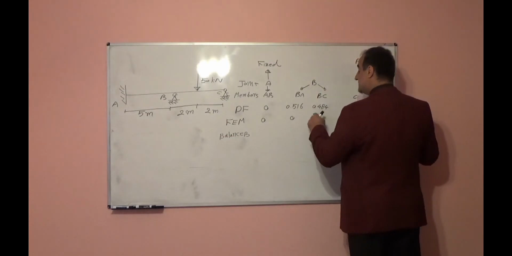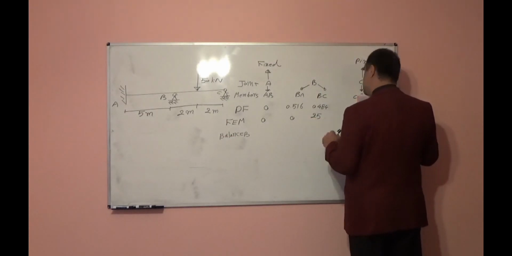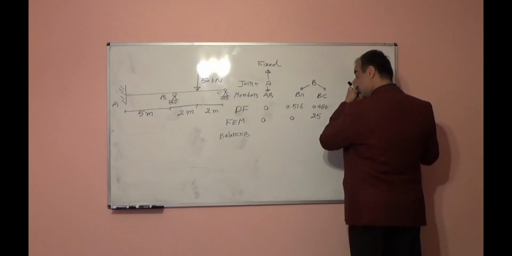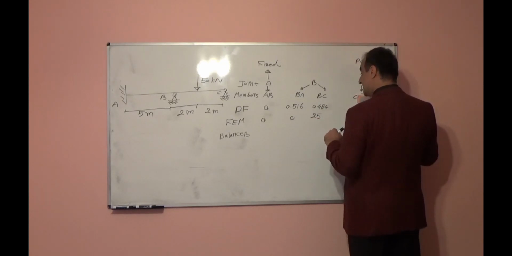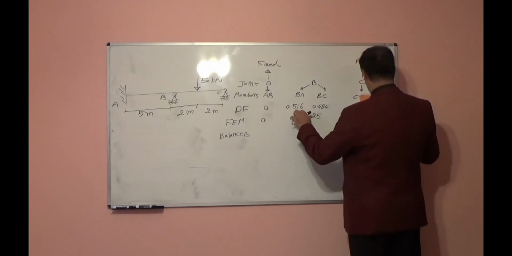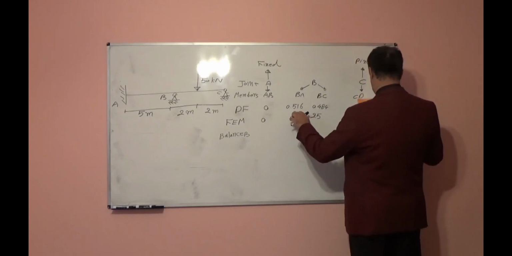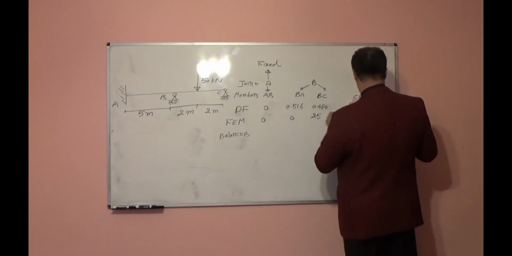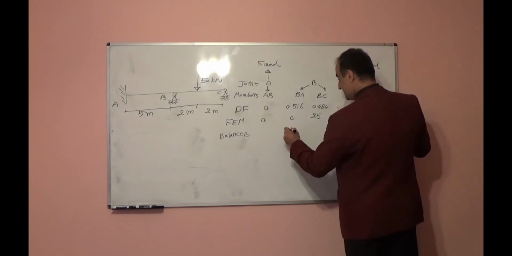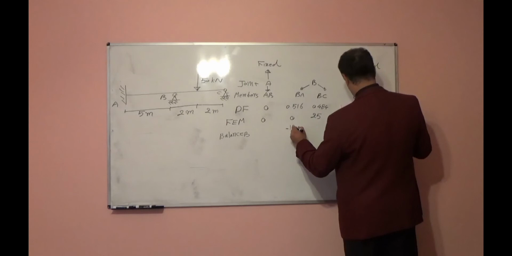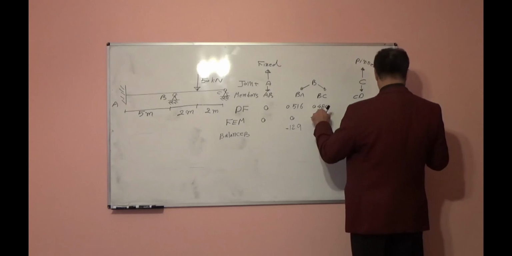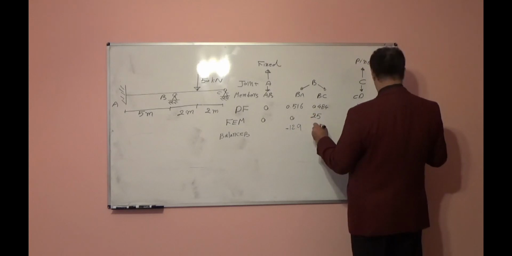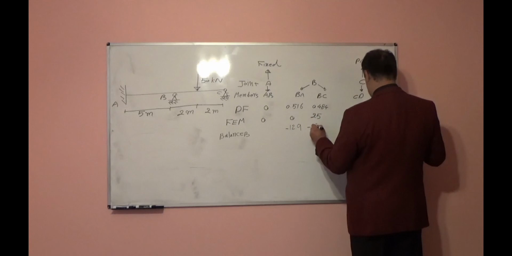That will be balance at joint B. Then negative 25 times this distribution factor will be negative 12.9. Negative 25, because it is in reverse direction, times this distribution factor will be negative 12.1.